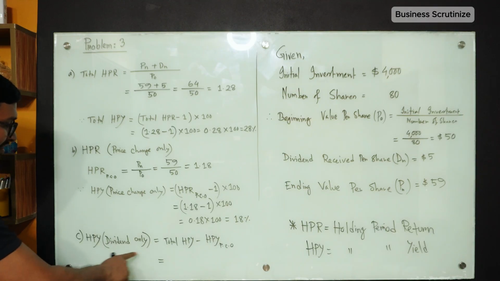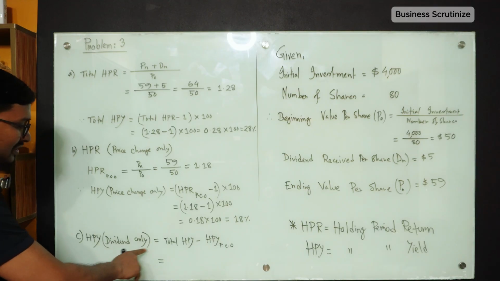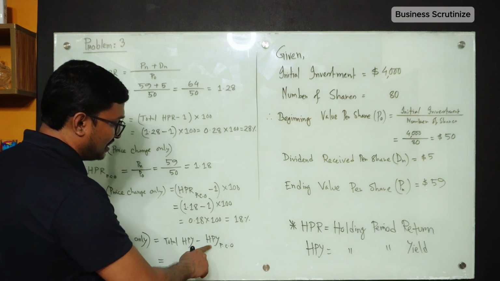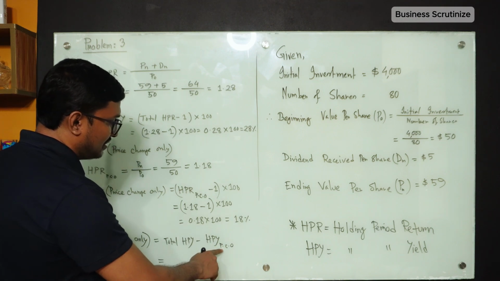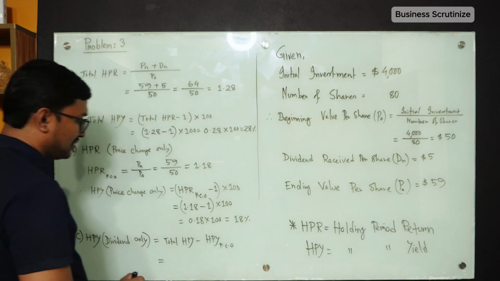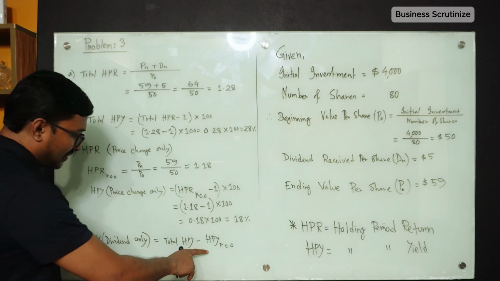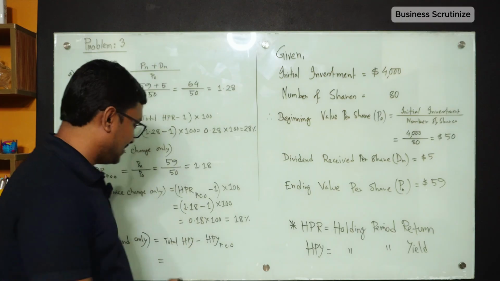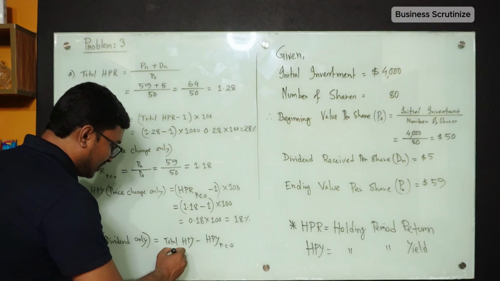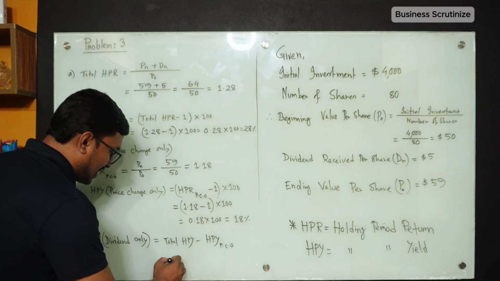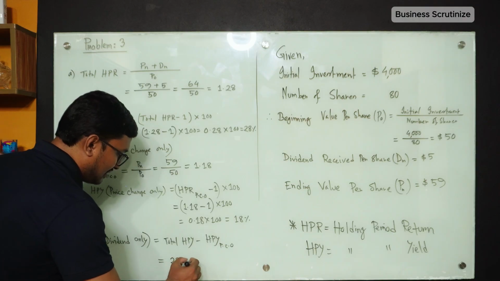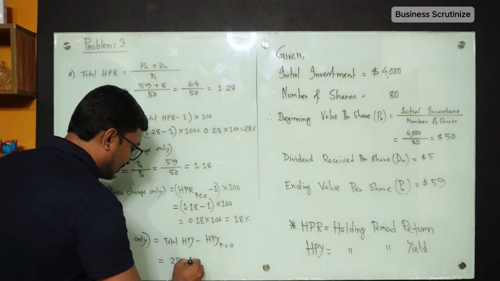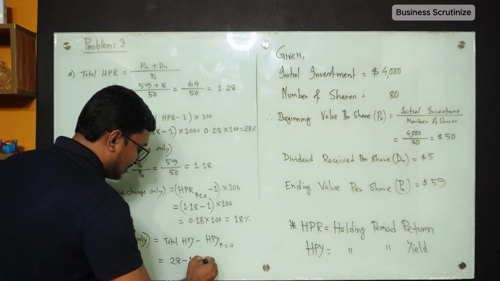For this, we consider the formula: HPY dividend only equals total HPY minus HPY PCO, the holding period yield when price change only. If we use this formula, we will be able to get the HPY dividend only. We input the total HPY, 28%, minus the HPY price change only, 18%.